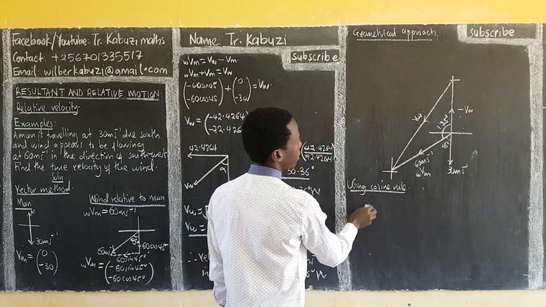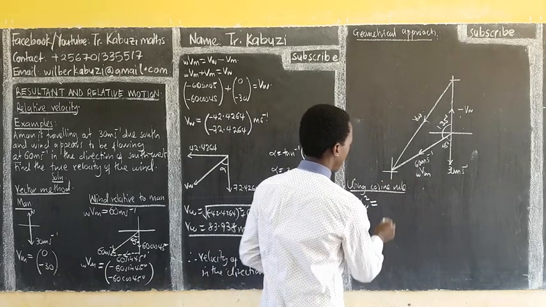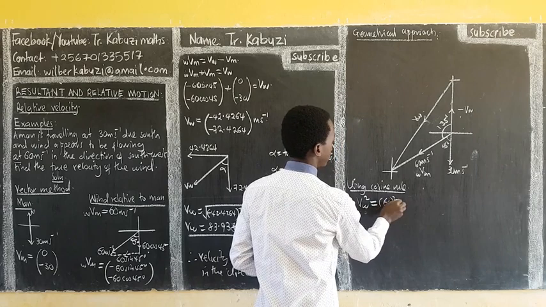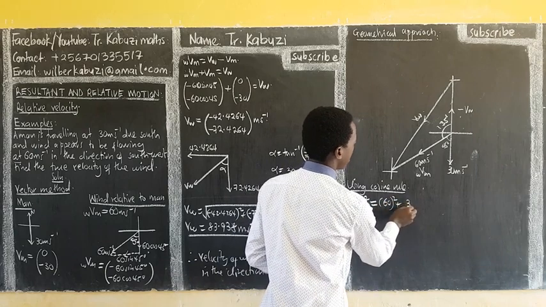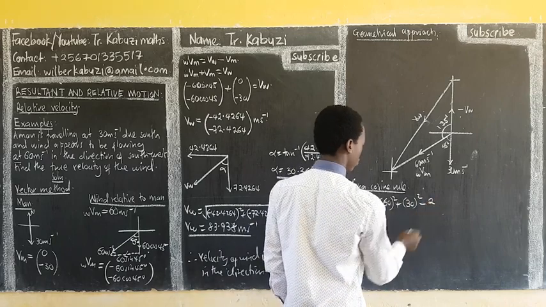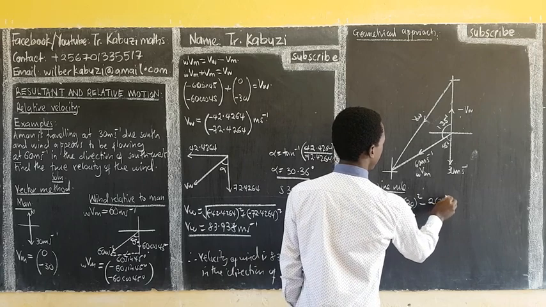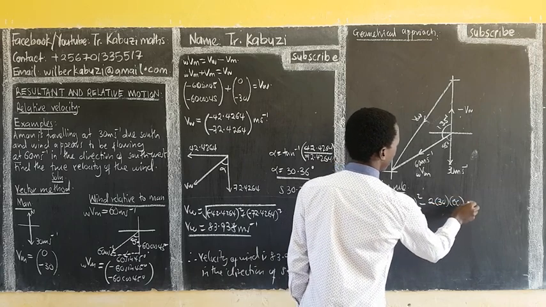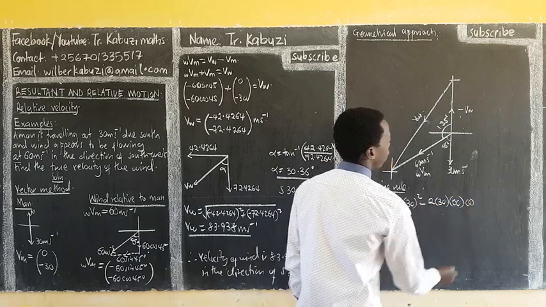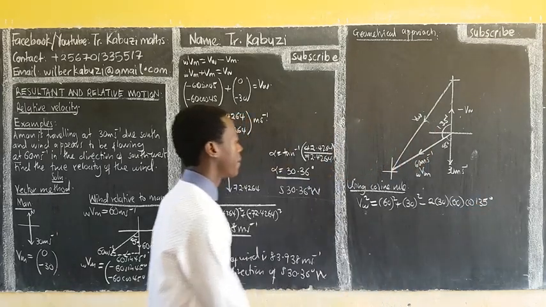Using the cosine rule, we shall get our v_w squared equaling 60 squared plus 30 squared minus 2 of 30, then 60, then cos of 135 degrees.